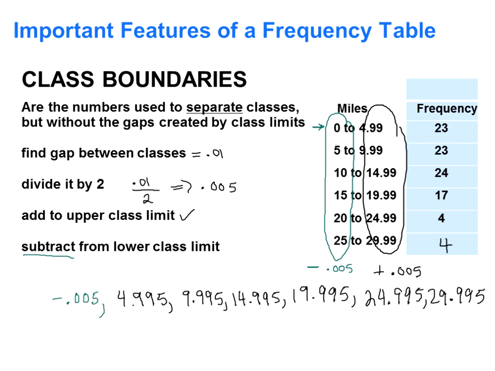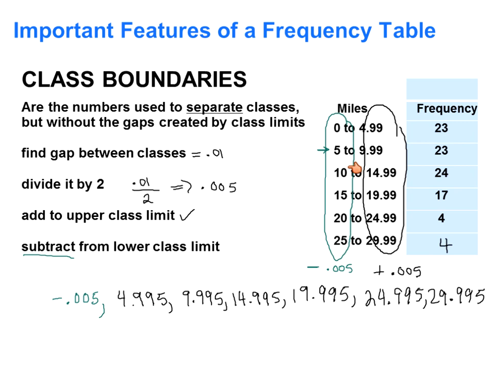Okay, now what happens when I take 5 and subtract 0.005? So now I'm over here. 5 minus 0.005. Okay, that's interesting. We get what we already have here, right? That's where the overlap begins.